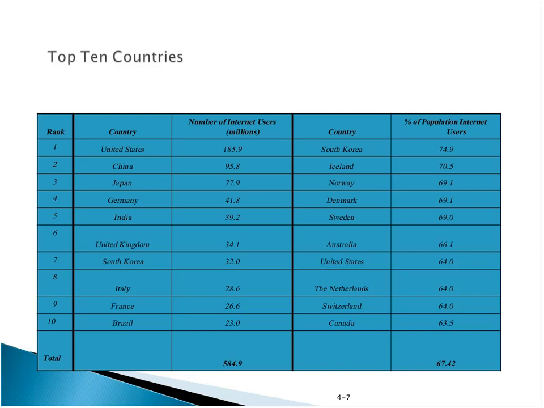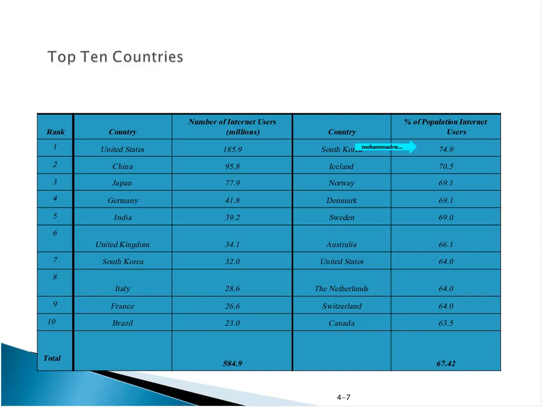Look at South Korea, which with 32 million internet users was seventh in the first column. It is now the first, because the population of South Korea is much less than the rest. 32 million users shapes 74% of the population. That significantly shows how high the penetration rate of internet is in South Korea.